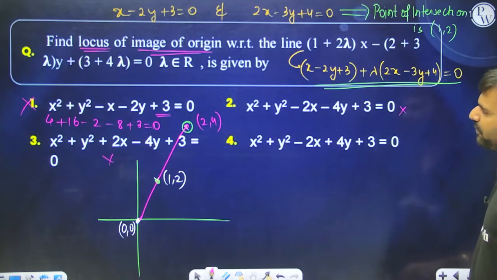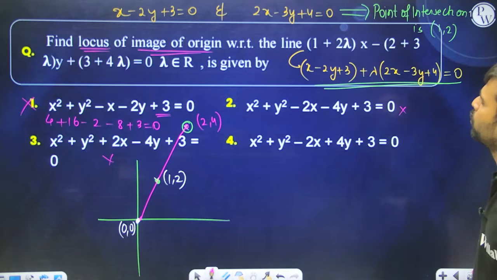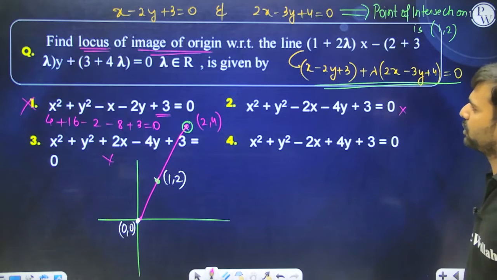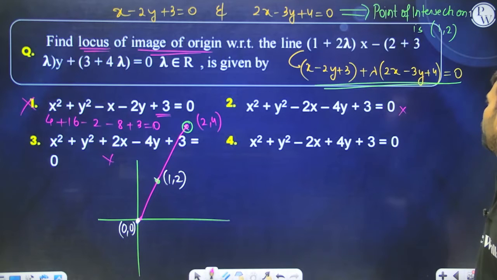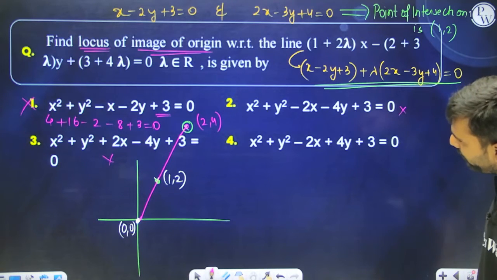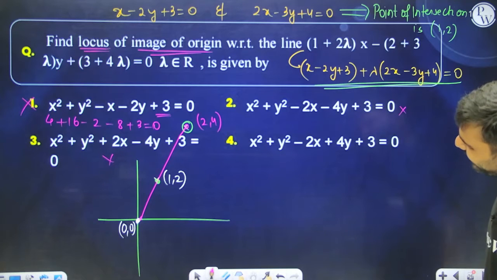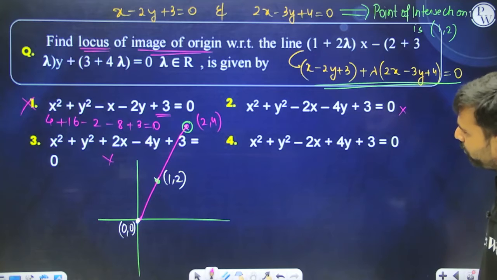Okay, so which of the following options is going to be our answer? x minus 2y plus 3 equal to 0, and 2x minus 3y plus 4 equal to 0. From here if you put x equal to 1 and y equal to 2, this is satisfied. x equal to 1 and y equal to 2, this is also satisfied. So the image of this point about this is going to be (2, 4) only.